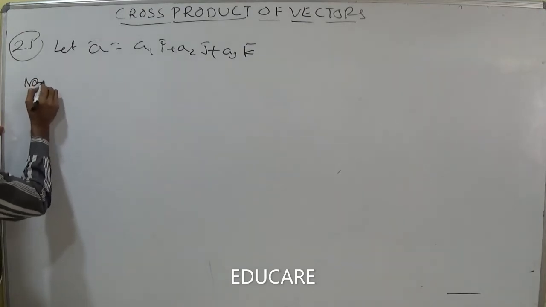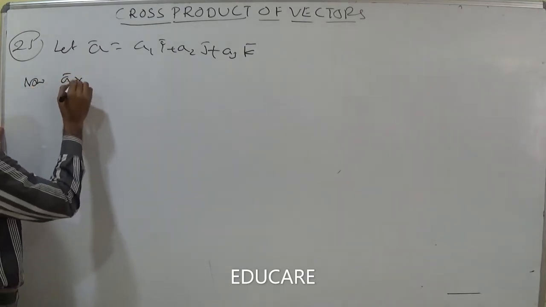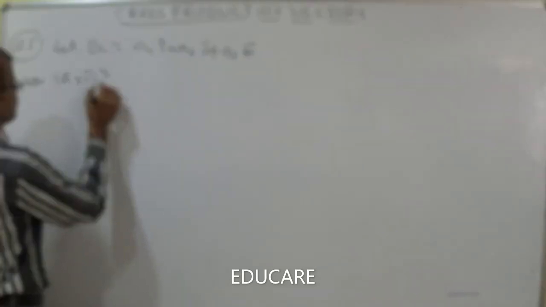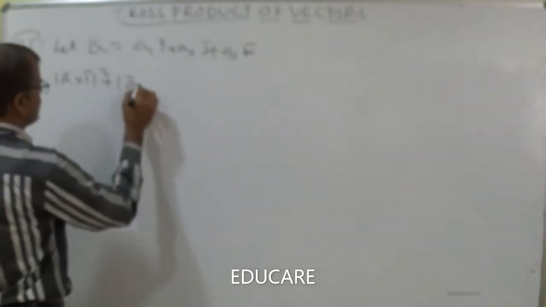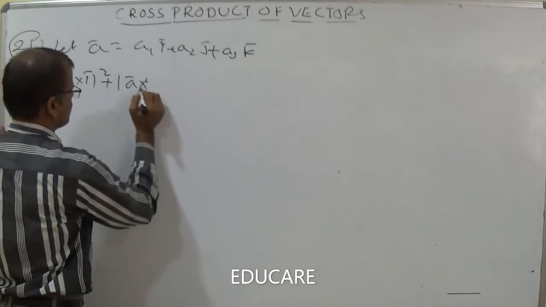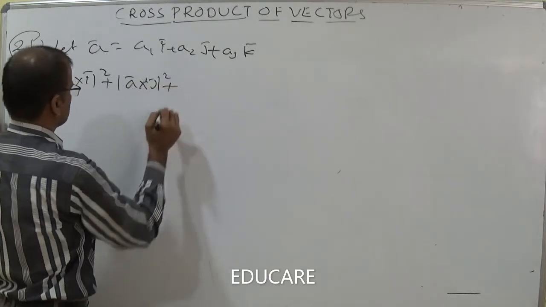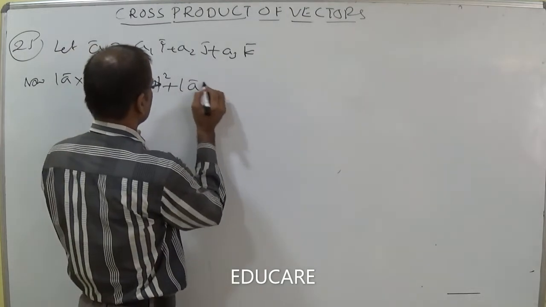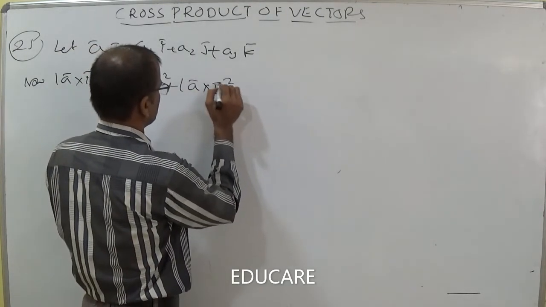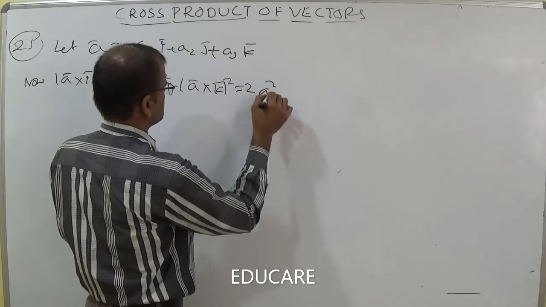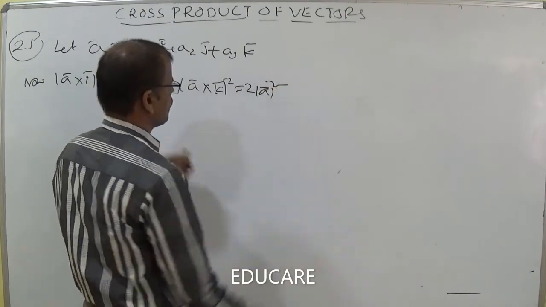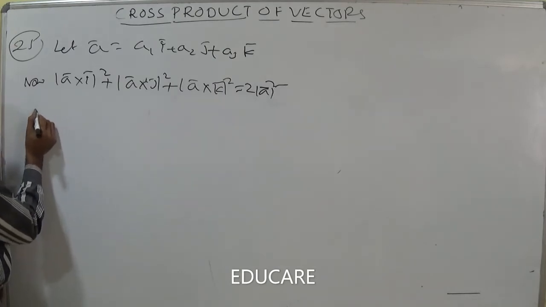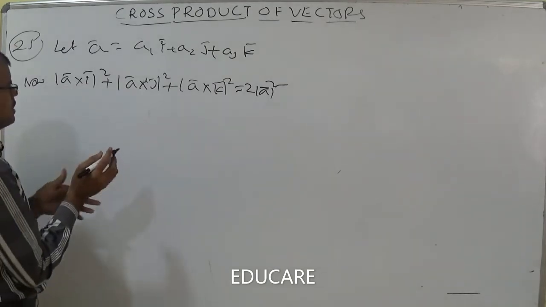Now calculate the modulus of A bar cross i bar whole square plus modulus of A bar cross j bar whole square plus modulus of A bar cross k bar whole square, which is equal to 2 mod A square. I am saying this as a proof. So what is the value of A cross i?